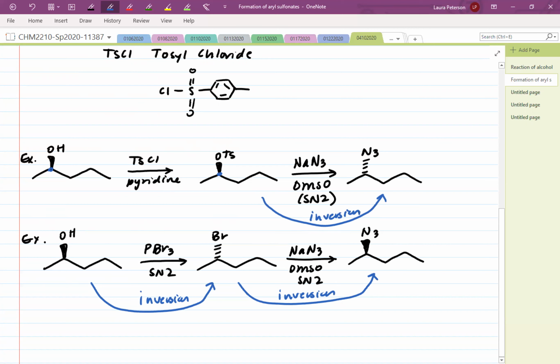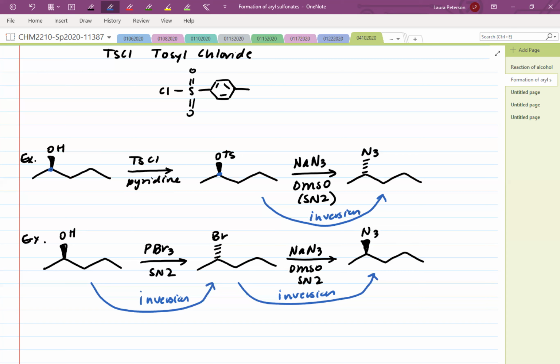These two methods are similar in terms of the overall SN2 reaction that we're doing in the end, but they differ in terms of stereochemistry. In both, we take the OH and convert it to a good leaving group, whether it's the aryl sulfonate or the bromide or the chloride, and then do a subsequent SN2. The difference is in the stereochemistry. The aryl sulfonate keeps the same stereochemistry as the alcohol, so when I do the SN2 reaction, I get inversion of configuration.